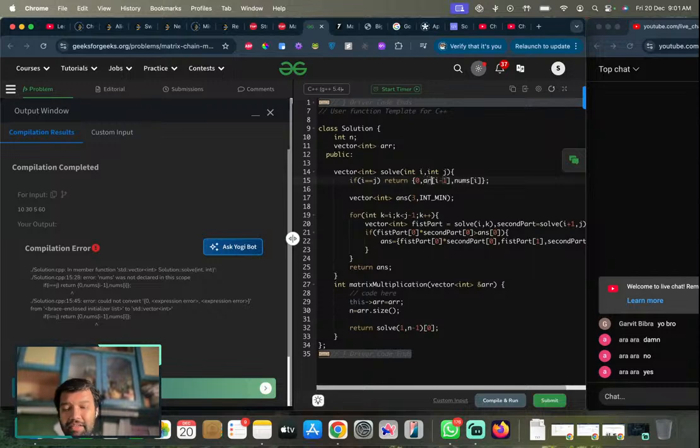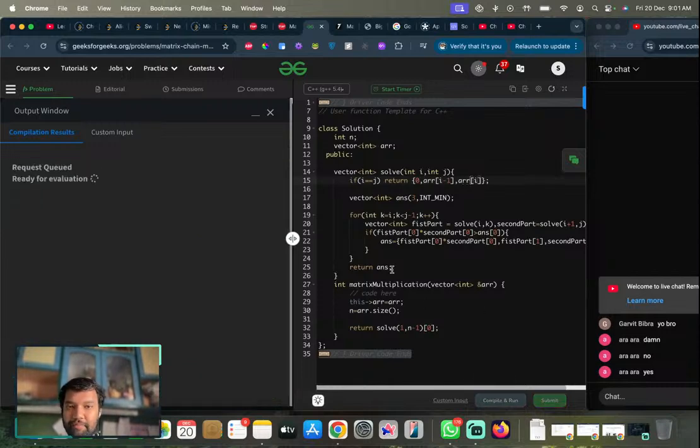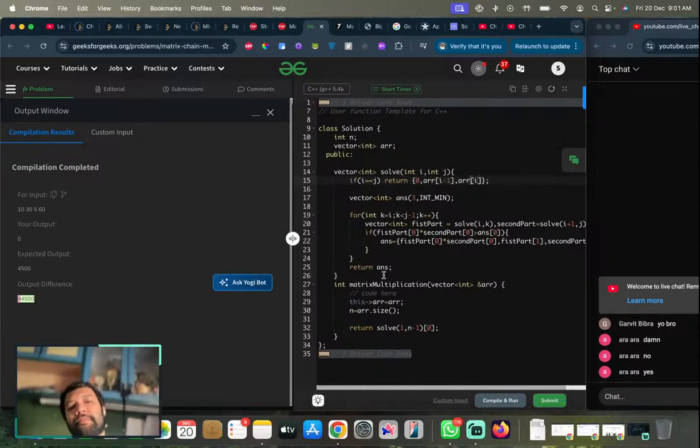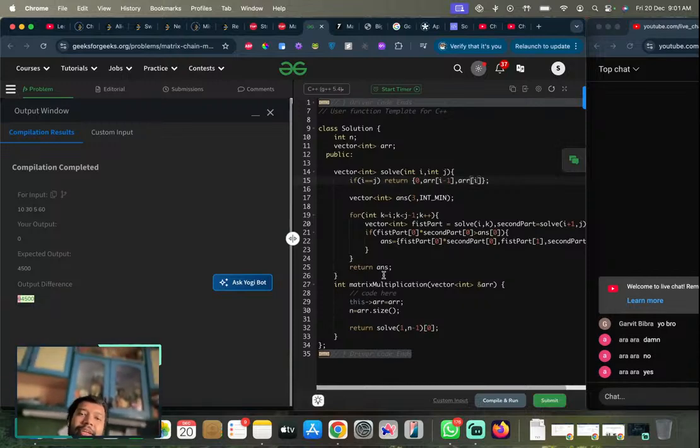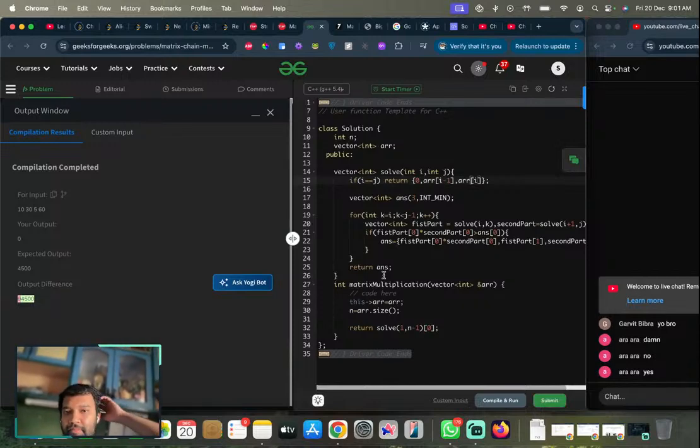LeetCode uses nums a lot, so I'm just in that zone. This should work. So what am I doing? When I is equals to j, let's say I and j are here, then I return this would be the starting and this will be the ending of the matrix. Cool, which works.